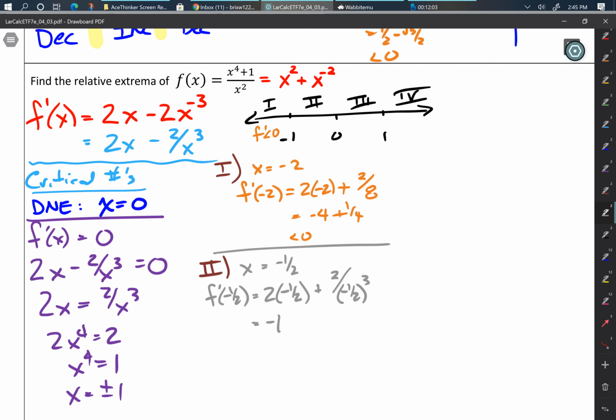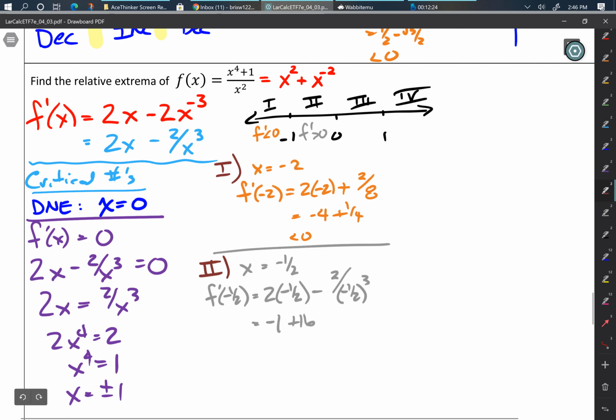Negative 1/2 cubed is negative 1/8. 2 divided by negative 1/8 is going to be negative 16. So minus a negative 16 is going to be plus 16. So on that second interval, it looks like our derivative is greater than 0.